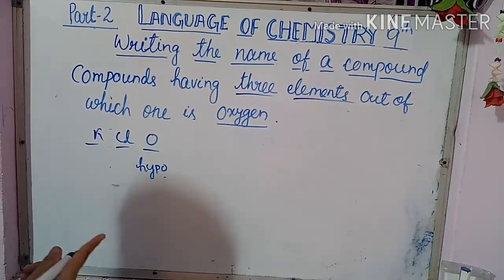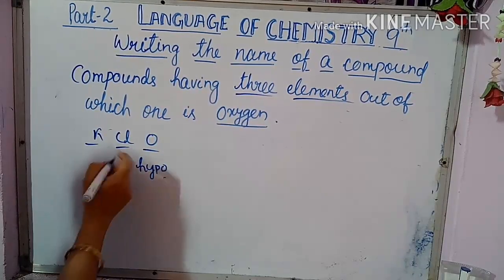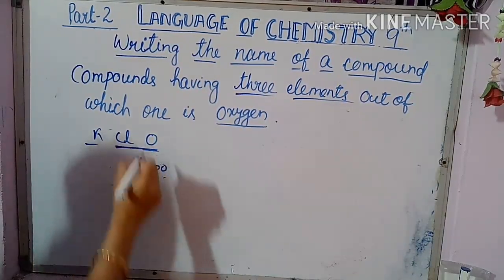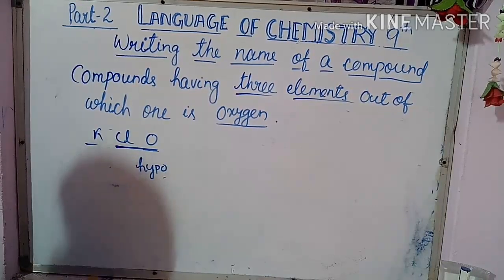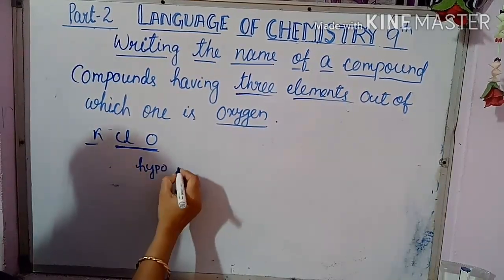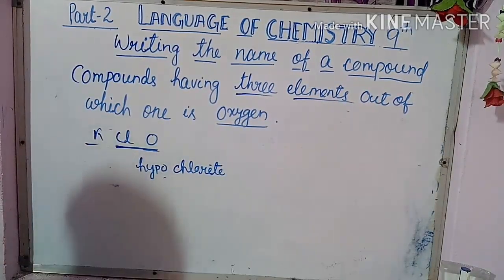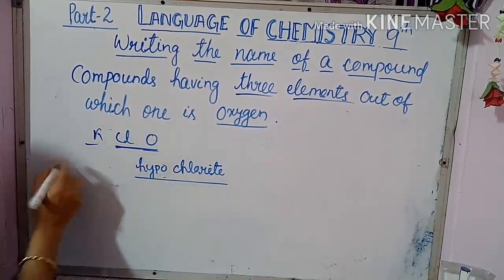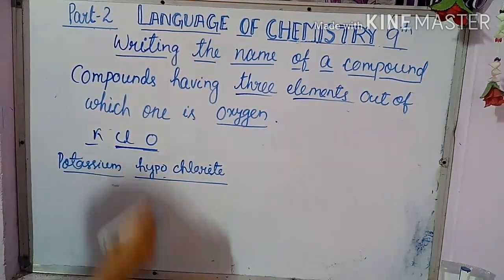Hypo plus ITE: for 1 oxygen, hypo plus ITE means this is a single unit. Cl means chloride, and for oxygen it is hypo, so it will come as hypochlorite. K means potassium, so it is potassium hypochlorite.